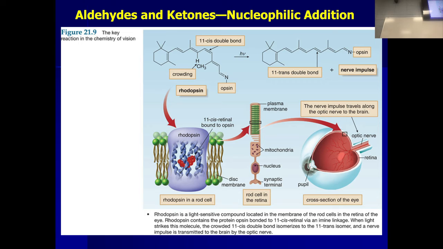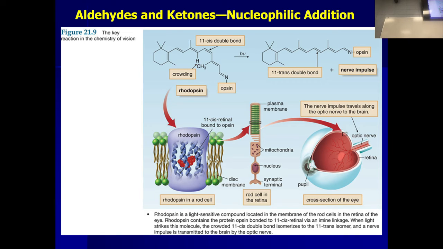Okay? So what happens is, we've learned that forming imines is reversible. So once this forms, your body reverses this, cuts this piece off, and replaces the opsin with a new piece from your beta carotene that you ate 2 or 3 days ago or however long ago it was. And so that's how this all works.